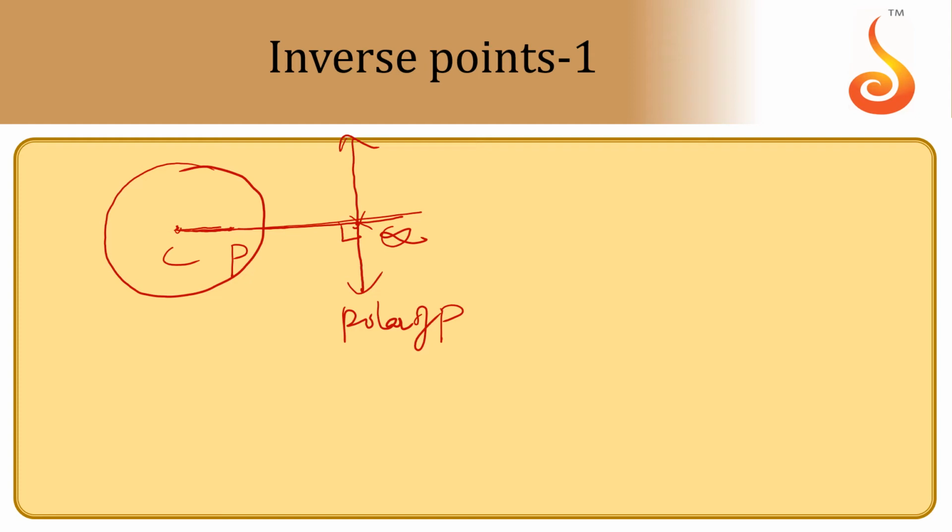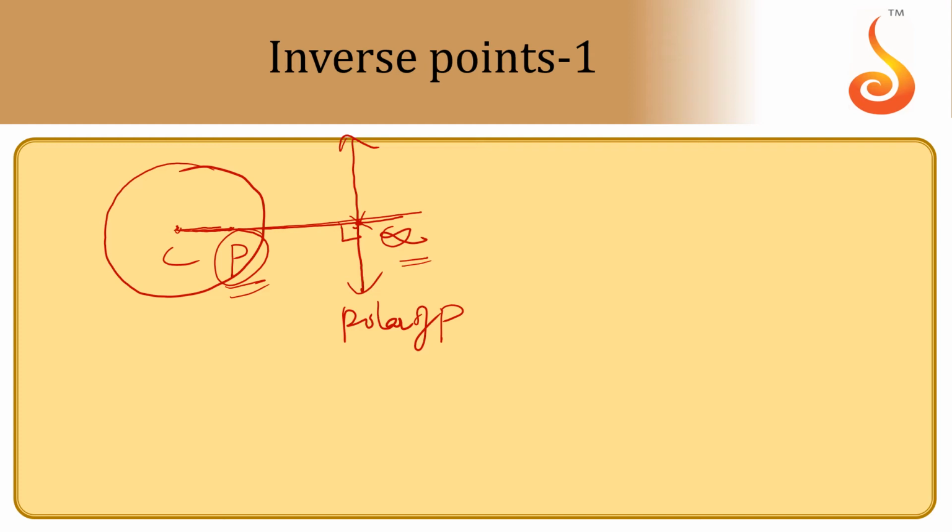Then naturally, suppose I draw the polar of Q, taking Q as the given point. If you draw the polar of Q and join CQ, that CQ meets the polar of Q at P. So this P and Q are called inverse points to each other.